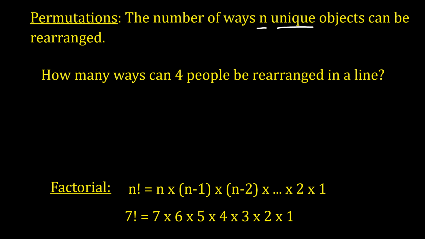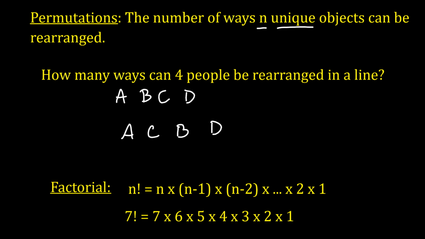All right, so one more example here. It says, how many ways can 4 people be rearranged in a line? Well, this is really the exact same question. We can just assume the people's names are Adam, B, Charlie, and David. It's really how many different 4-letter words can you make by rearranging these. You could say Adam's first, and then Charlie's second, then B is third, and then David is fourth.